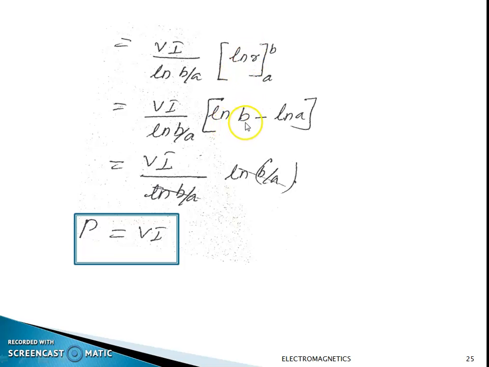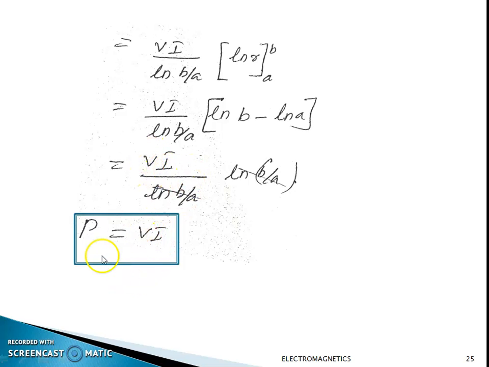This is ln b, upper limit, minus the lower limit ln a. This ln b minus ln a can be written as ln b by a. So this ln b by a and ln b by a get cancelled. So we get the value for the power is equal to Vi.